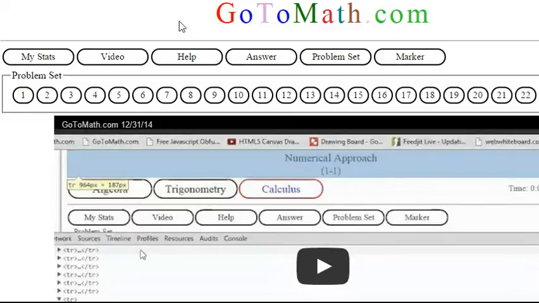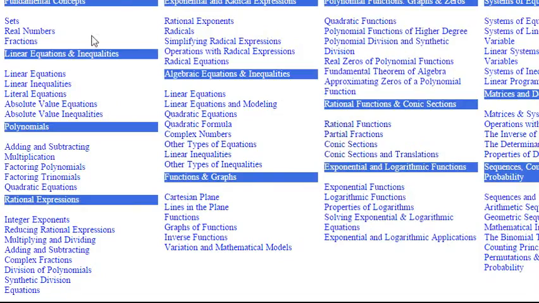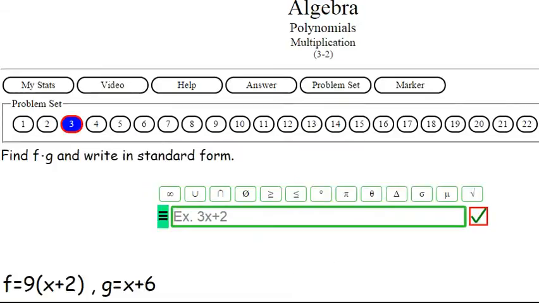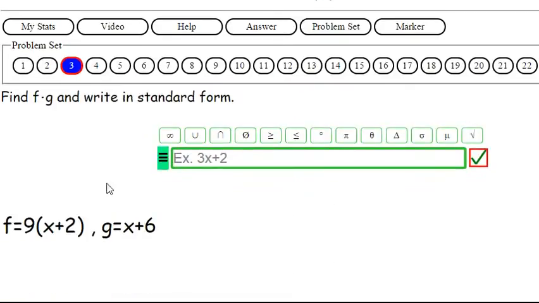Okay, so we're over here at gotomath.com. Click on the algebra. Let's go down to multiplication and 3.2. 3.2 says find f times g, write in standard form. Alright, so I'll need to write this down. F is equal to 9x plus 2 and g is equal to x plus 6.